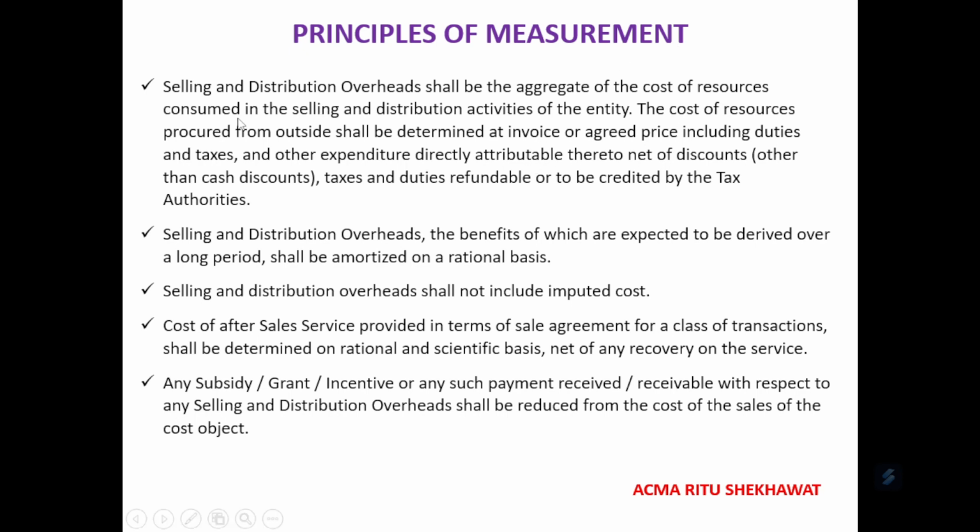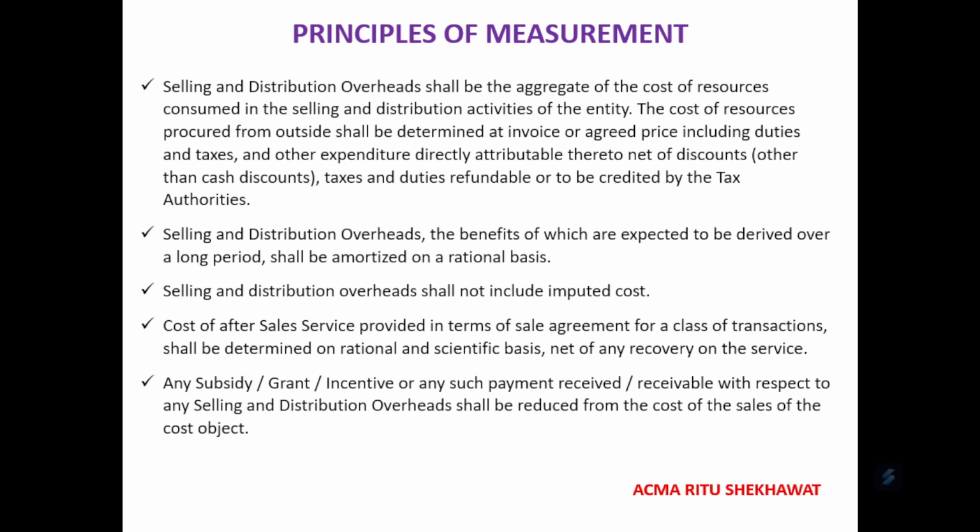The cost of resources procured from outside shall be determined at the invoice or agreed price, including duties and taxes and other expenditure directly attributable, net of discount, and tax and duties refundable or to be credited by the tax authorities. So suppose you are taking resources from outside, like hiring a transport agency for transferring the goods from one manufacturing unit to the ultimate consumer.